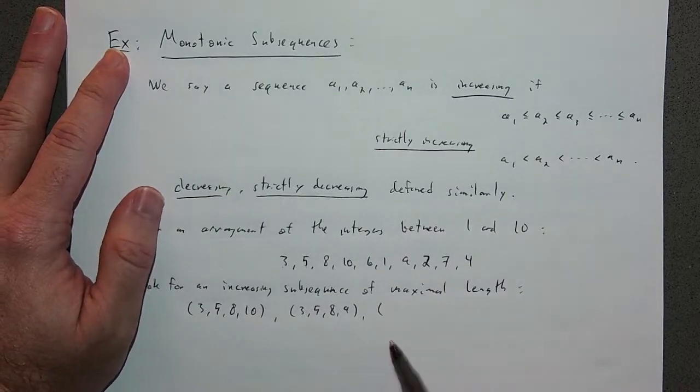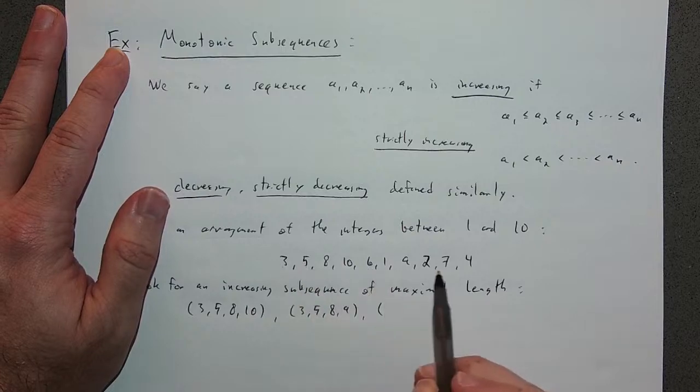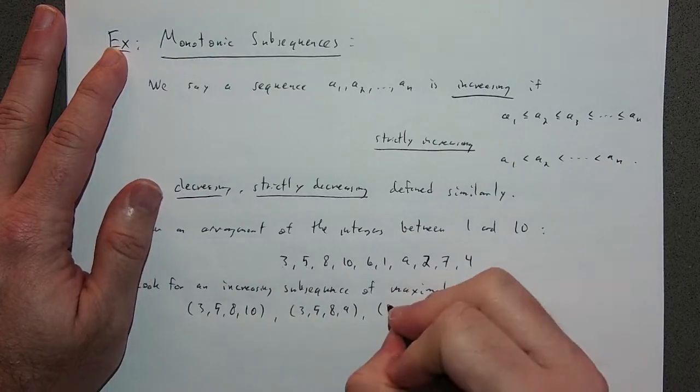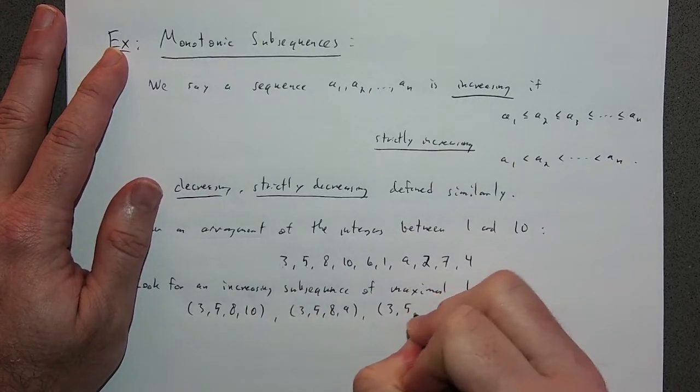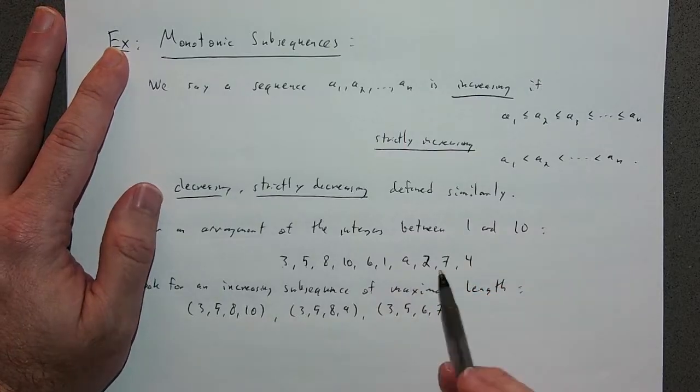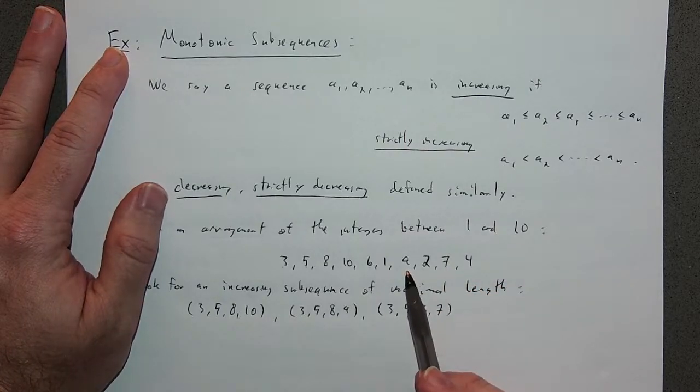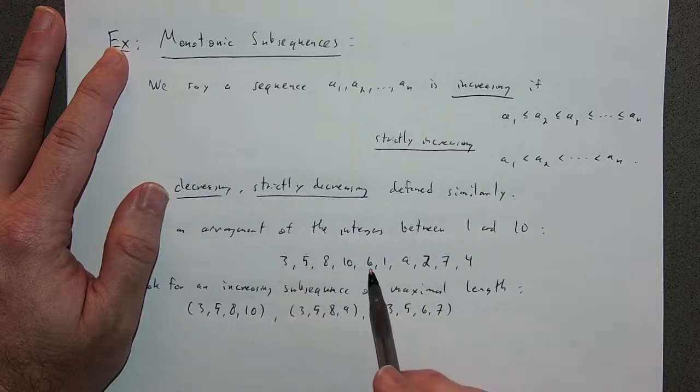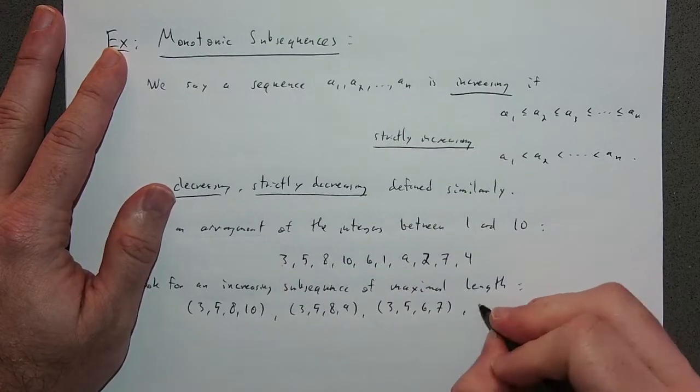What else? What about 3, 5, 6, 7? But when I picked 7 here, I could have actually stopped at 9. So 3, 5, 6, 9 also works.